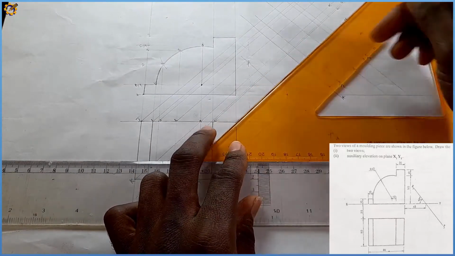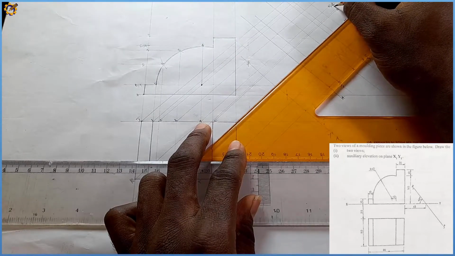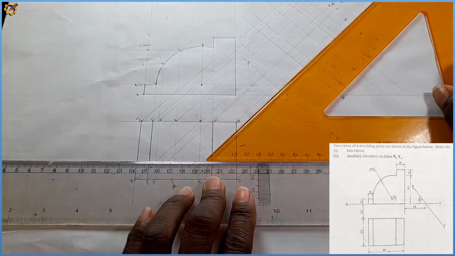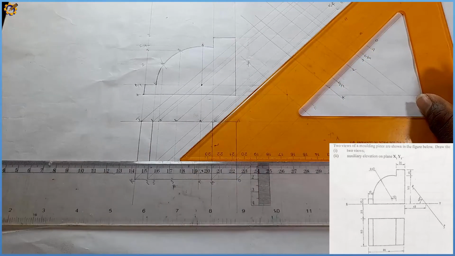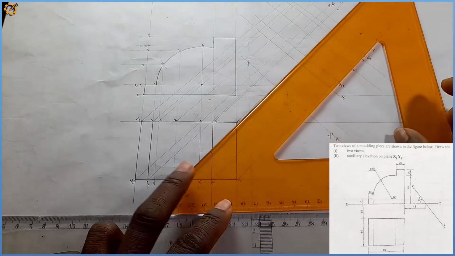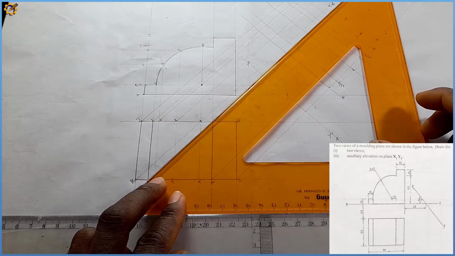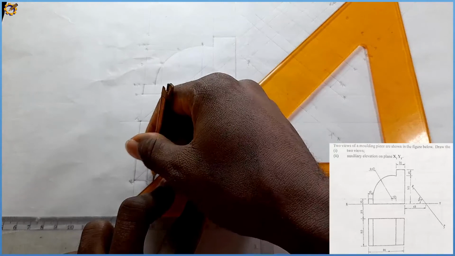K and 4 are on the same plane. Mark 4 and K are on the same plane. Those areas are settled. My mark 1 complement is already settled, and mark 2 complement, I'm going to project that also now.